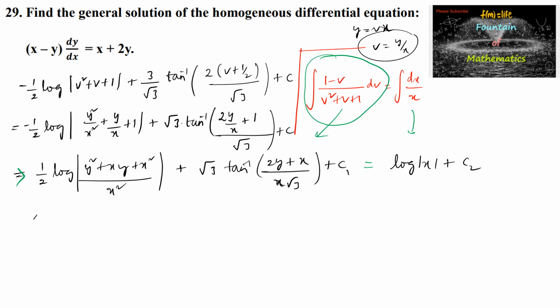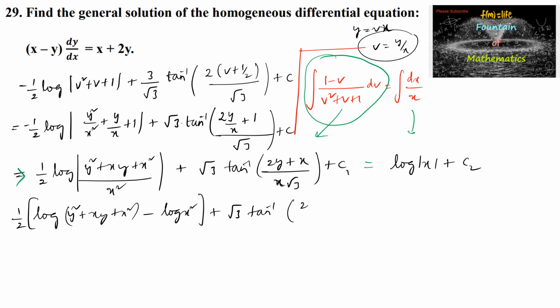So we can write here 1 by 2 times log of (y square plus xy plus x square) minus log x square, plus root 3 times tan inverse of (2y plus x) upon x root 3, plus some constant c1 is equal to log mod x.